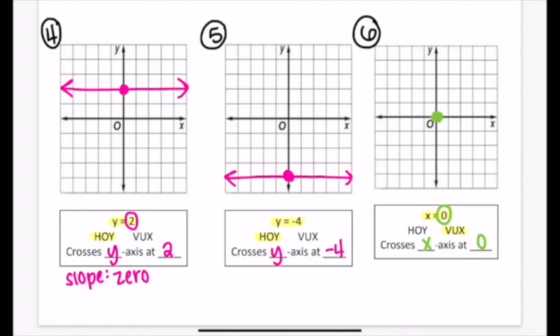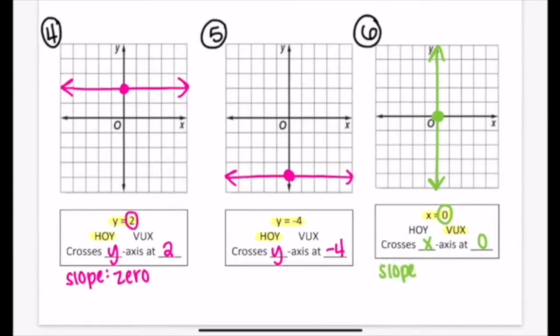Now this is an x, VUX tells us vertical. So that's a straight line going up and down. Okay, and that slope is undefined. And the slope from number 5 was 0.